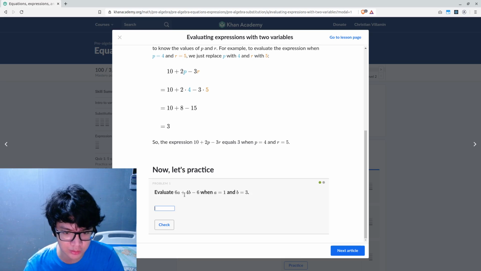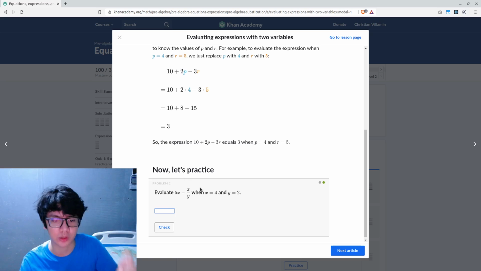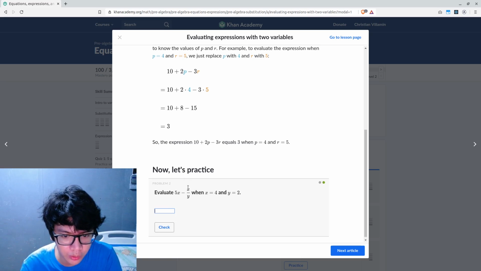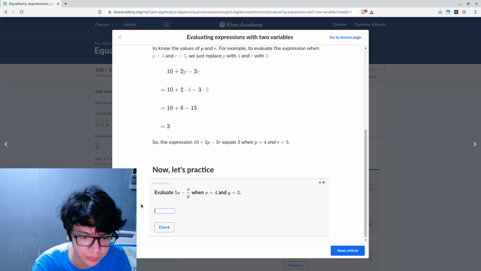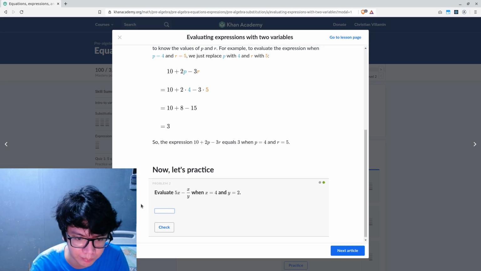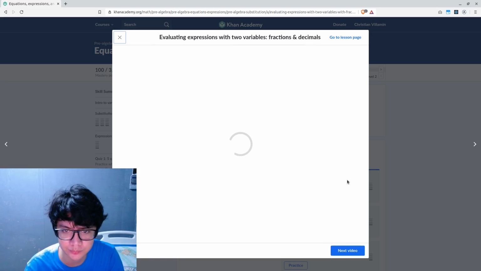So 6 plus 12, this is 12. X is 4, Y is 2. 4 divided by 2, we get 2, 10, 8. It's actually 20, 18. Okay.